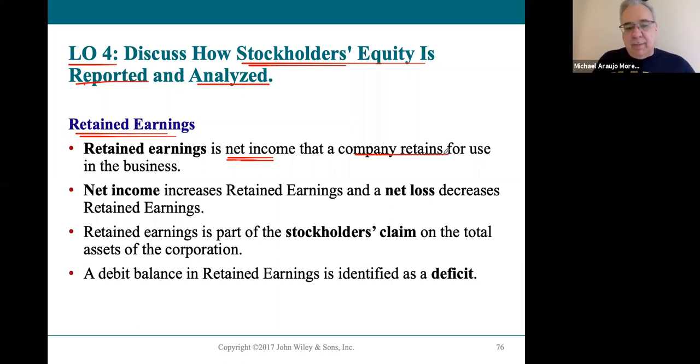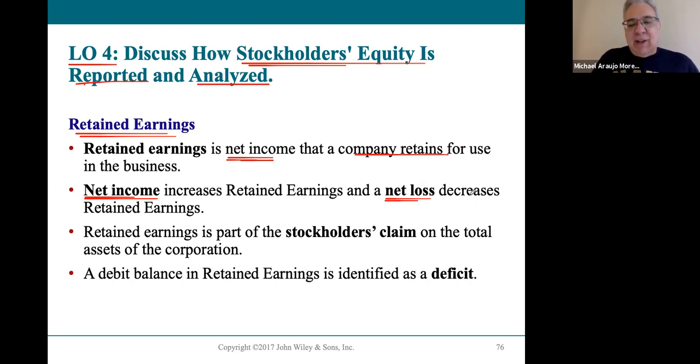So that's a big part of it. Retained earnings is, as you know, all of the times the company has a profit, that gets added to retained earnings. But when a company has a loss, that gets subtracted from retained earnings.